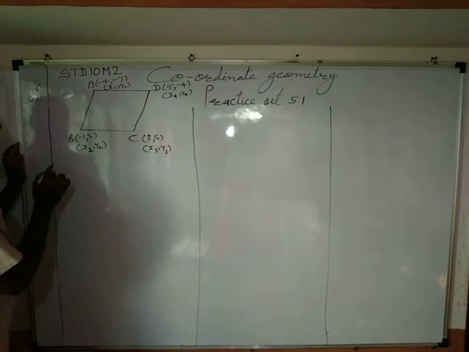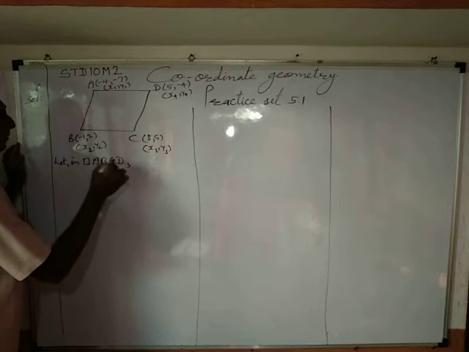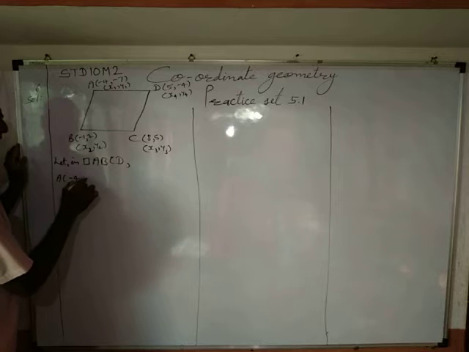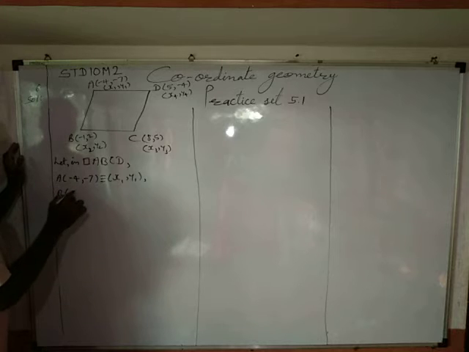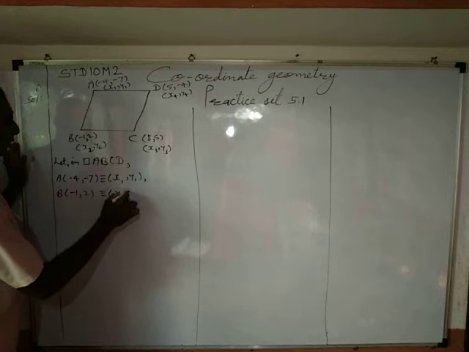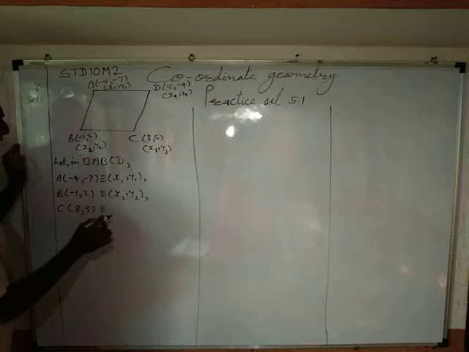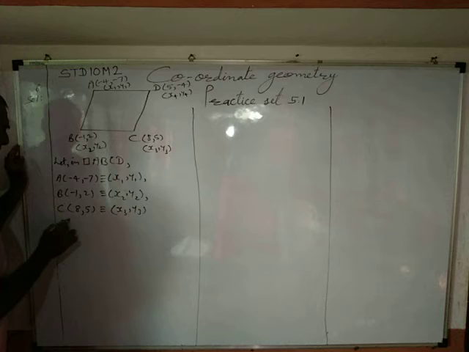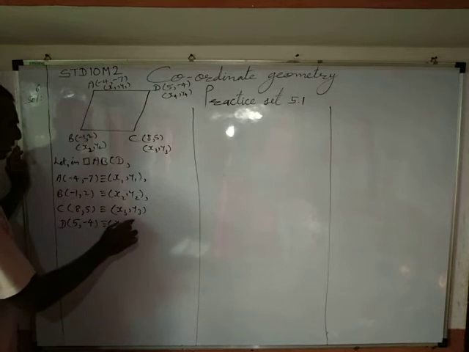Okay, let in quadrilateral ABCD, A(minus 4, minus 7) is x1 y1, B(minus 1, 2) is x2 y2, C(8, 5) is x3 y3 and D(5, minus 4) is x4 y4.